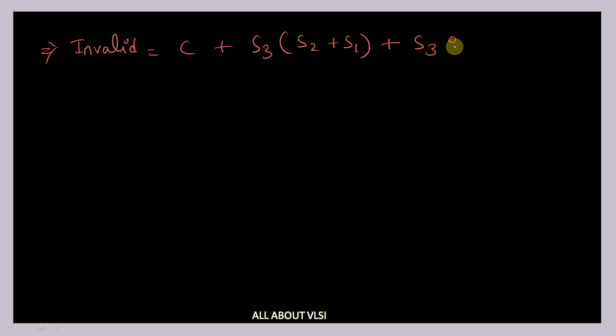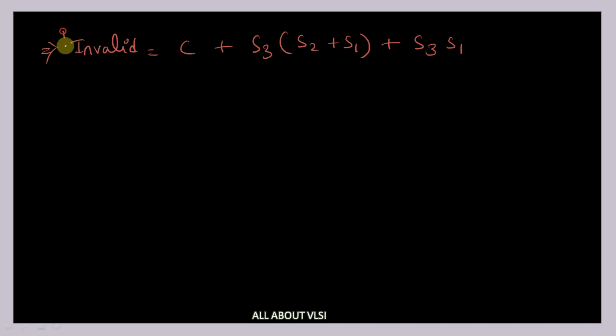So I can frame my invalid condition as: invalid is equal to, if my carry is high, or S3 is high and at the same time S2 is high or S1 is high, or both of them are high, or S3 and S1 are both high.